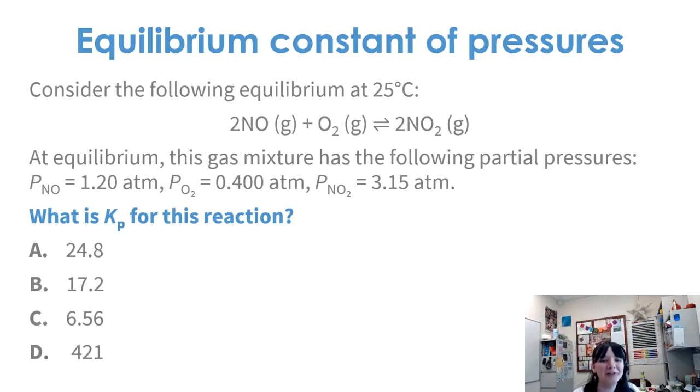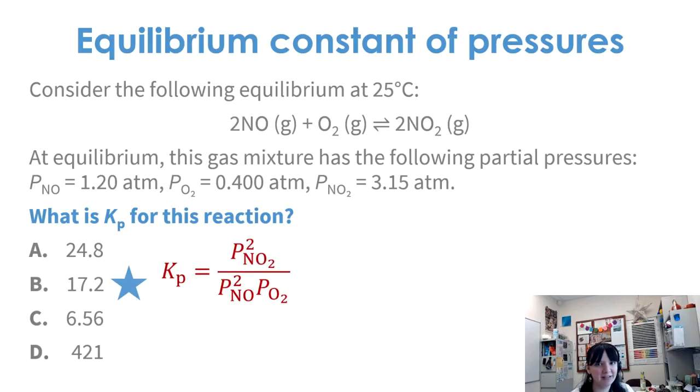All right, working through this one, using these equilibrium partial pressures, I got a Kp for this reaction of 17.2. The way I think through this is by taking the partial pressure of NO2 squared, because it has a molar coefficient of 2, and dividing that by the partial pressure of NO squared and the partial pressure of O2.